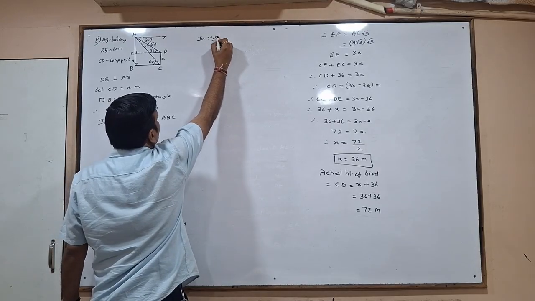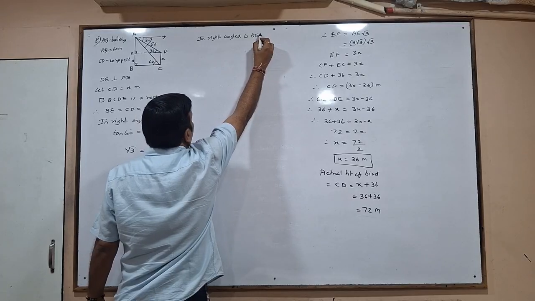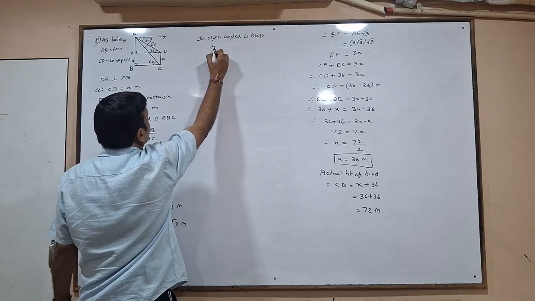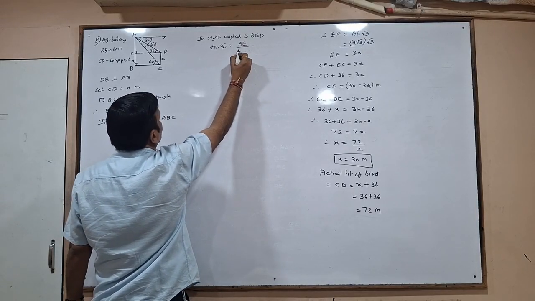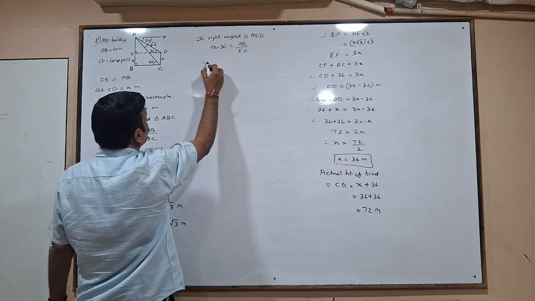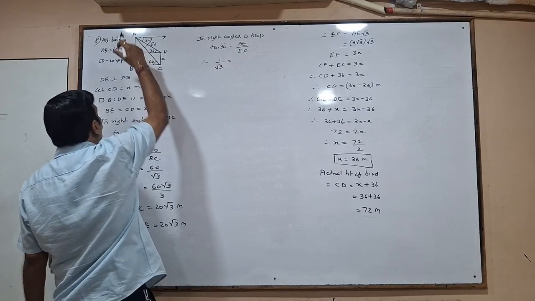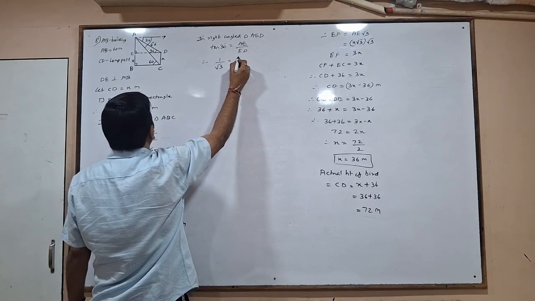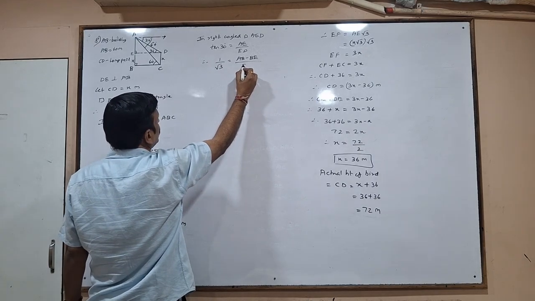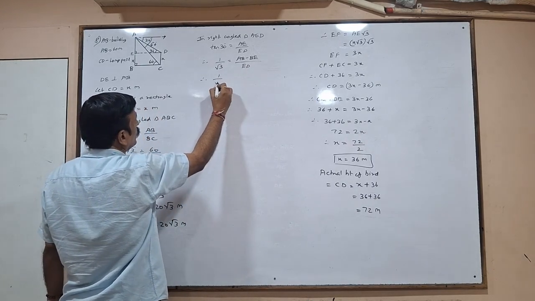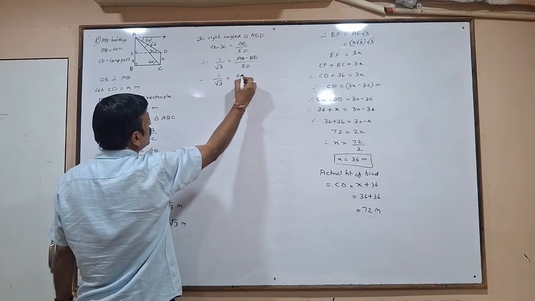In right angle triangle AED, tan 30 will be AE upon ED, 1 by root 3. What will be AE? It will be AB minus BE upon ED, 1 by root 3. AB is 60.